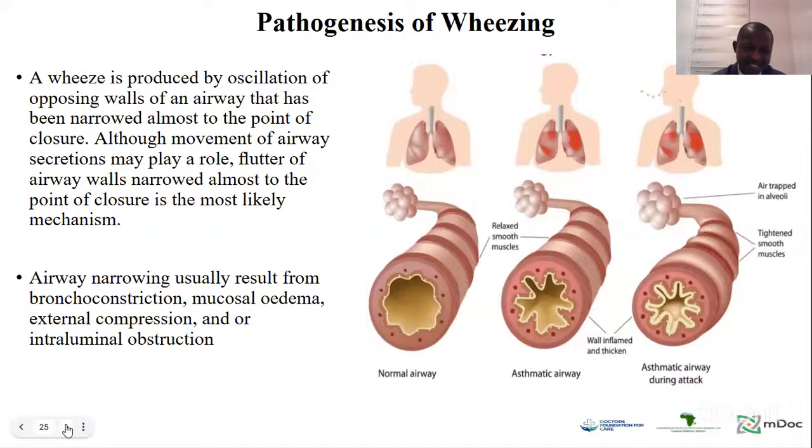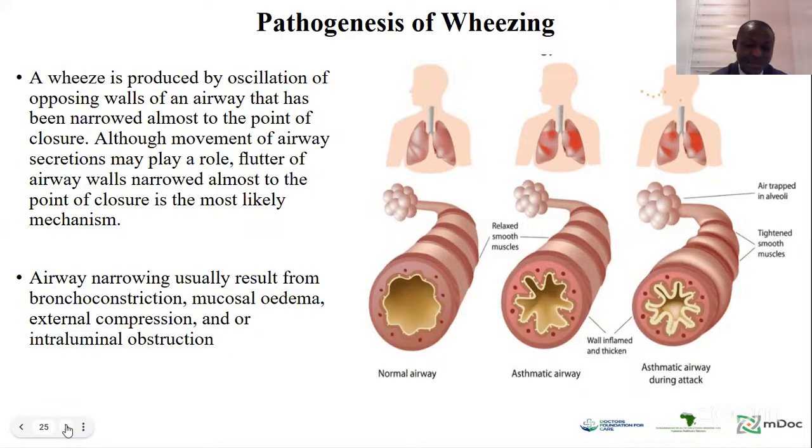We all remember that in patients that have asthma, the basic problem is bronchoconstriction, which is the narrowing, the contraction of the muscular layer that will reduce the lumen of the airway. And also in those who have asthma, there will be increased mucosal secretion, which also contributes to airway narrowing. So bronchoconstriction, increased mucosal secretion, or edema all contribute to airway narrowing.